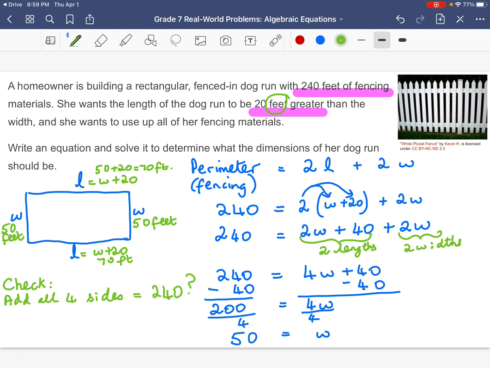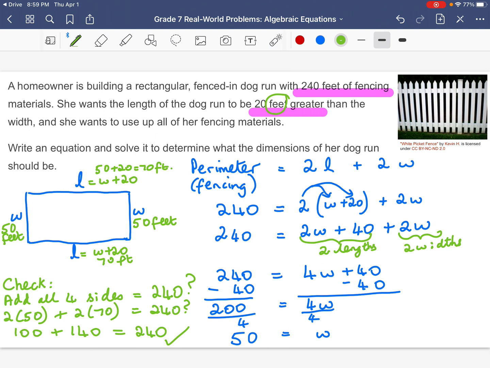And so I have 2 times 50 for the 2 width and 2 times 70 for the 2 lengths. Does this add up to 240? So 2 times 50 is 100. 2 times 70 is 140. 100 and 140, yes, it's equal to 240. So yes, I am happy with my answer.